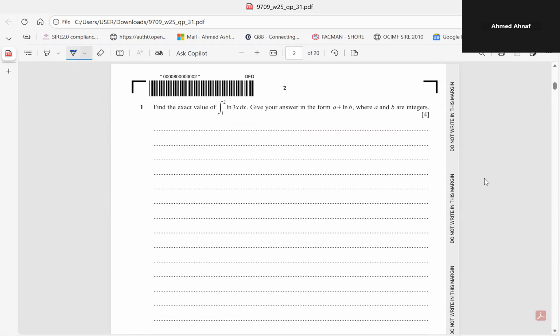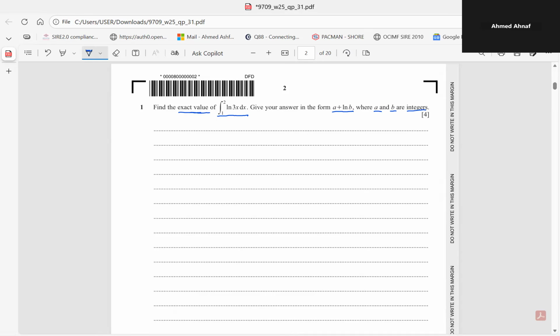Okay, so for the first question, we need to find the exact value, so no decimal approximations, of this definite integral of ln 3x. We need to give our answer in this form where a and b are integers.